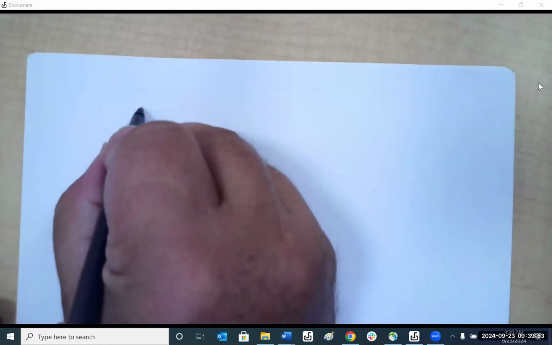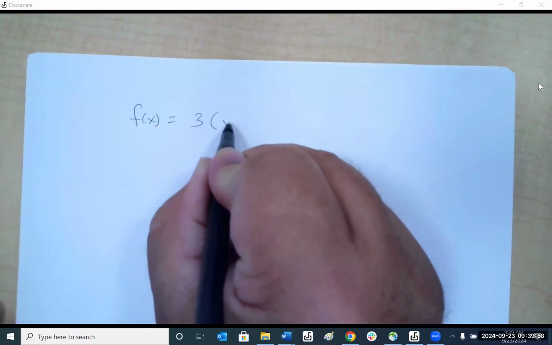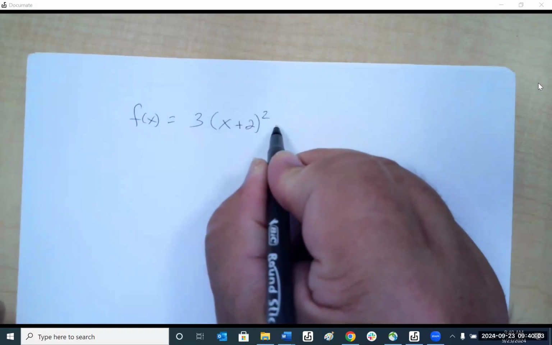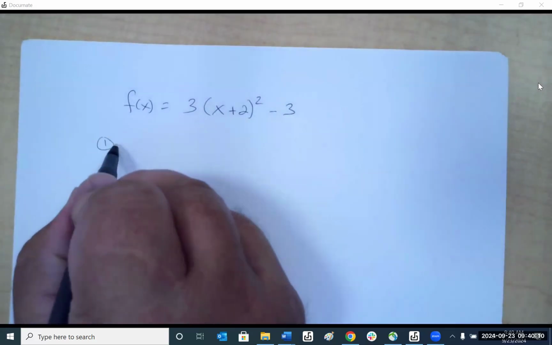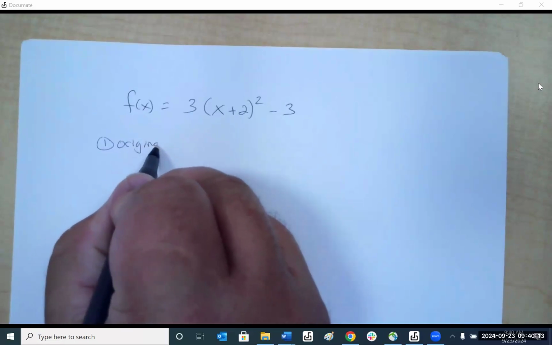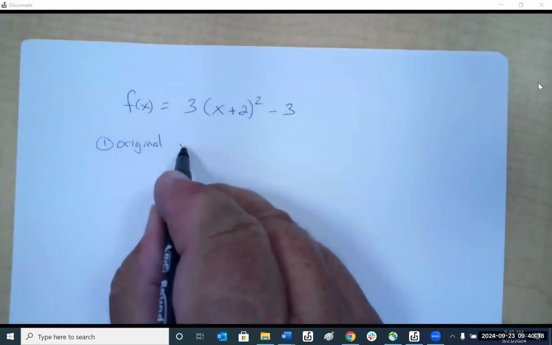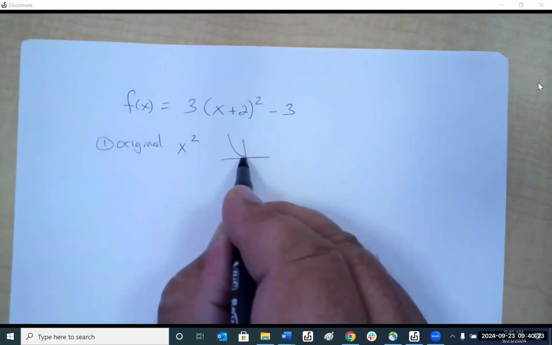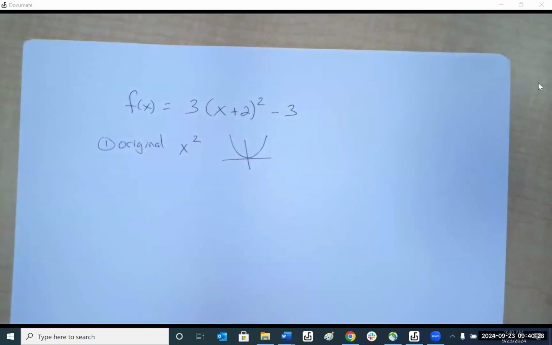For example, f of x equals 3 times (x plus 2) squared minus 3. So the first thing, what's the original function? X squared, because that's where the x is. What do you do first?